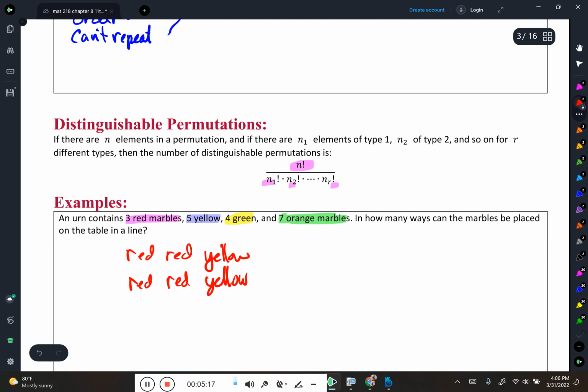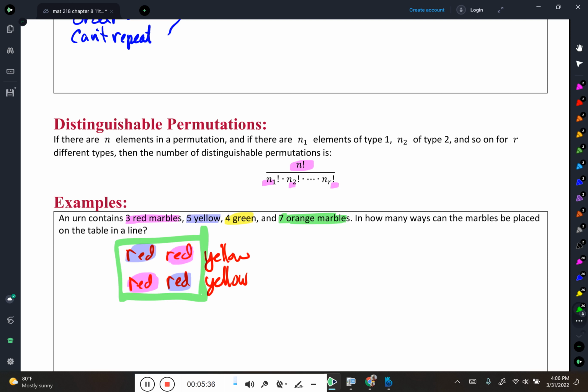And you're going to be looking going, what do you mean? Well, if I switch these two red marbles, are those different permutations? And the idea here is, if I can't distinguish between those two, then they're the same permutation, right?